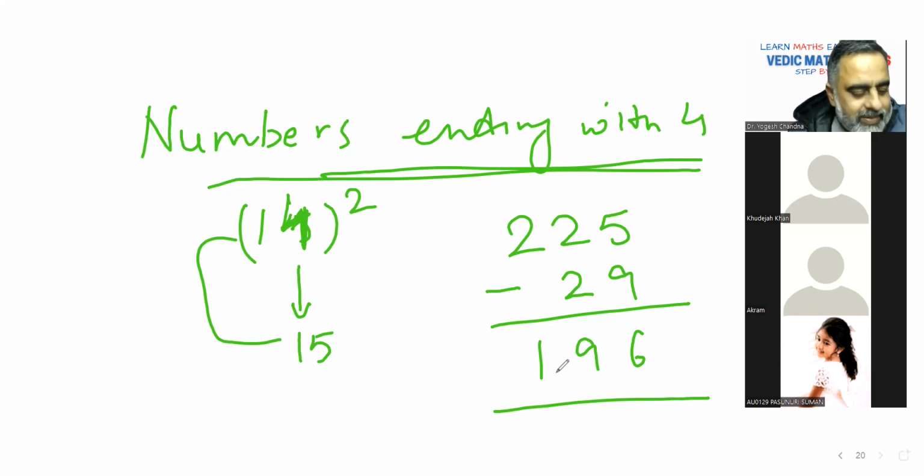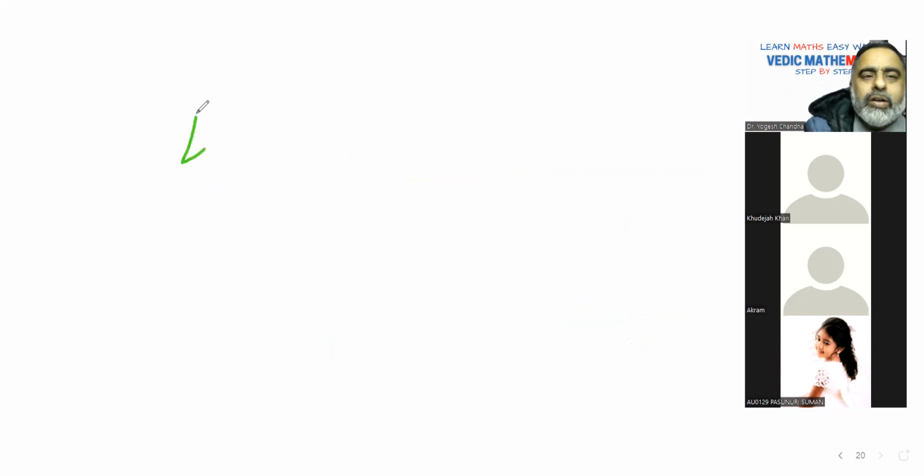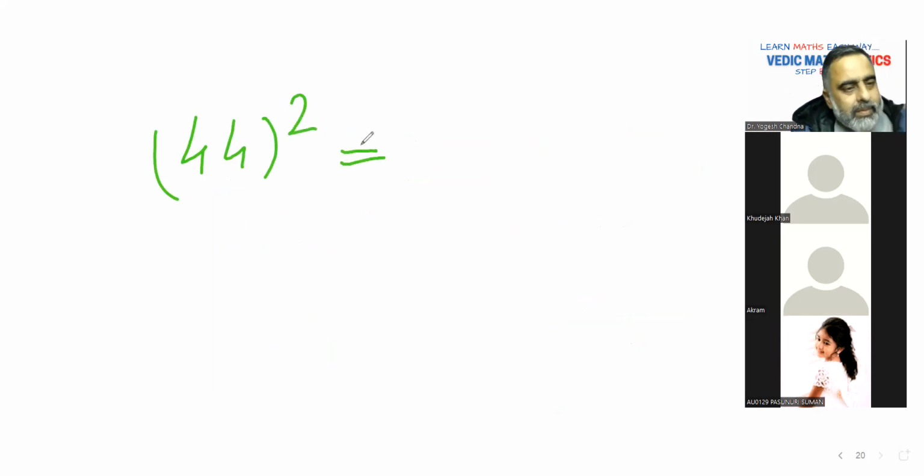Suman, did you understand? Yes, sir. Understood. Adding we can do mentally, but in subtraction we are not able to do it mentally. But ultimately if we do it on paper then it will be faster. 44 square: 1936.